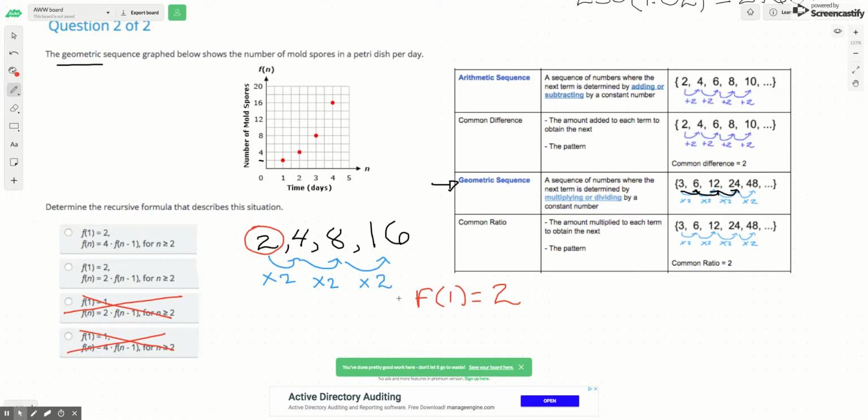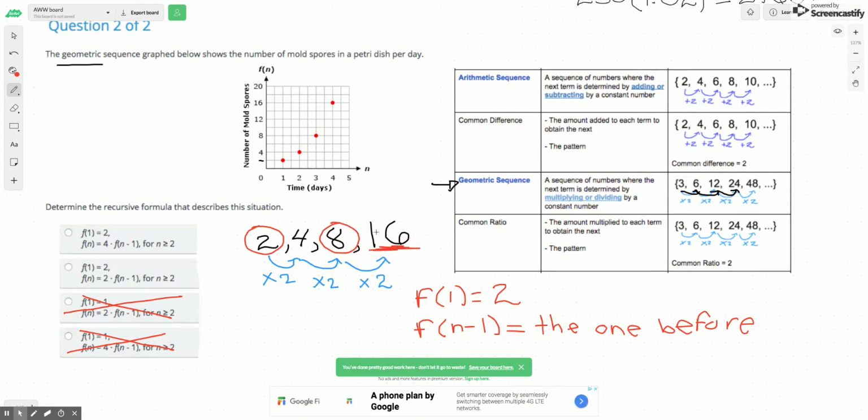Then what you want to look at is f of n minus 1. And what does that mean? f of n minus 1 just means the number that came before. All that is saying is, what am I going to do to 8, for example, so I get 16?